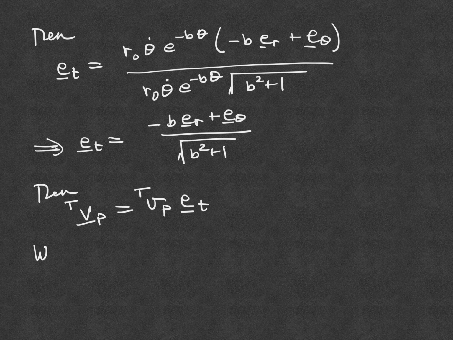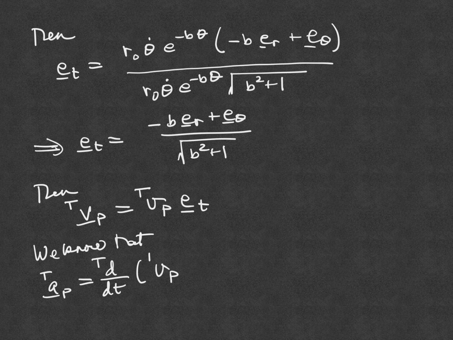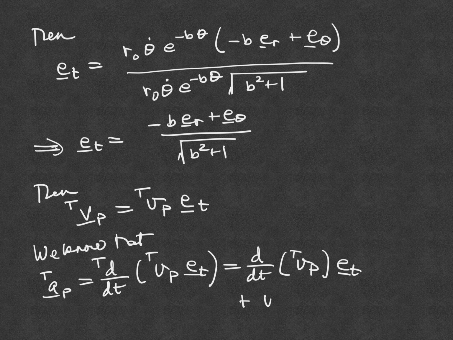So we know that the acceleration of P as viewed by an observer fixed to the track is equal to the rate of change, as viewed by an observer fixed to the track, of the speed relative to the track times the tangent vector, which is equal to the rate of change of the speed times the tangent vector plus the speed times the rate of change, as viewed by an observer fixed to the track, of the tangent vector. So that means we need to compute the rate of change of this tangent vector as viewed by an observer fixed to the track, which we'll do next.